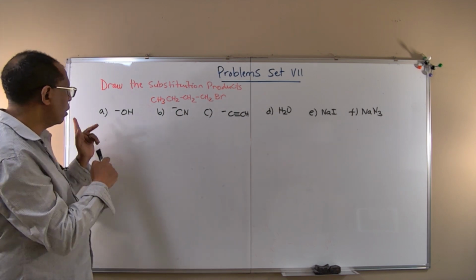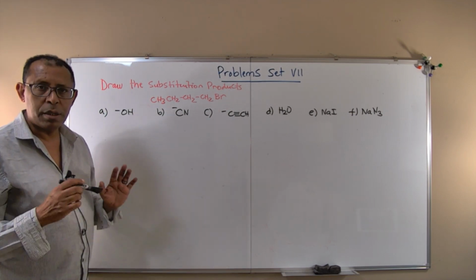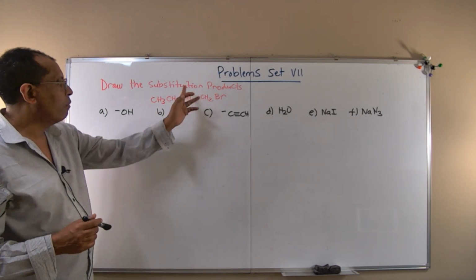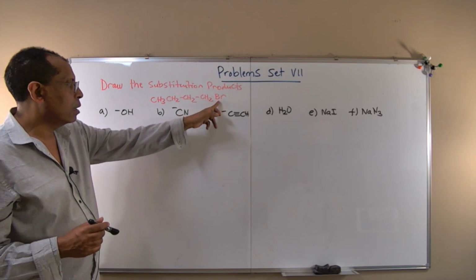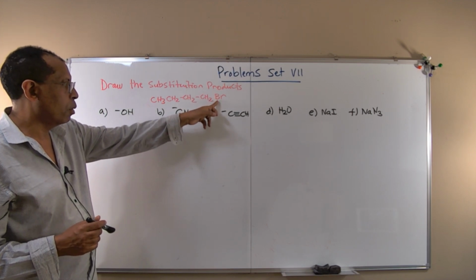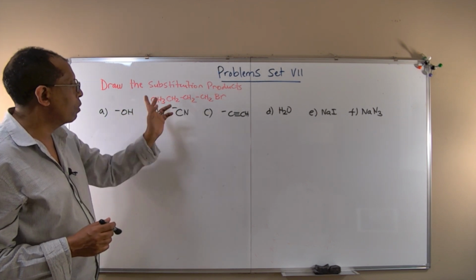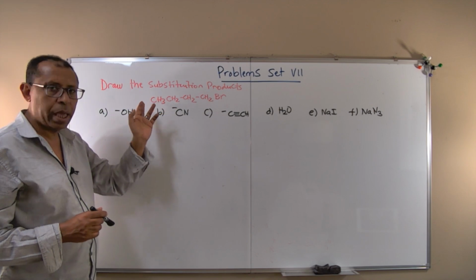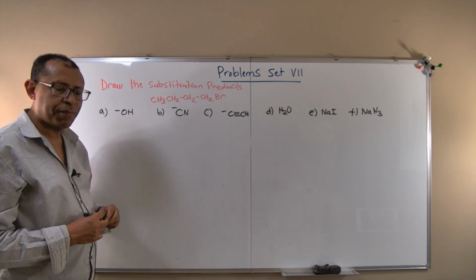Anything listed from A to F are the nucleophiles. The electrophile is where the carbon would be attacked, and the leaving group is a bromide. This is a 4-carbon bromobutane. We call it 1-bromobutane because it has 4 carbons.